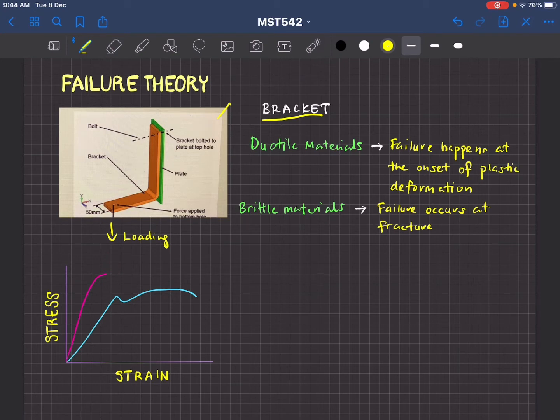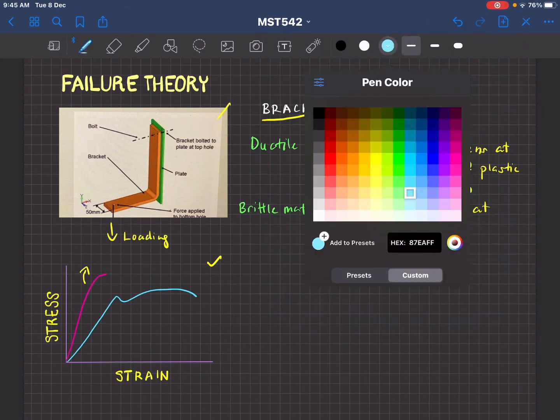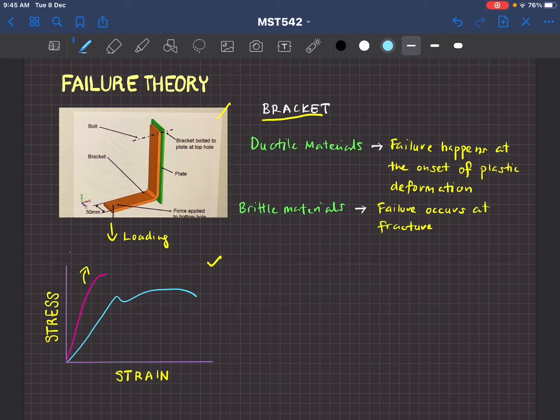So let's say that we have a stress and strain graph here. This is the curve for a brittle failure. And then we have a curve for a ductile failure.